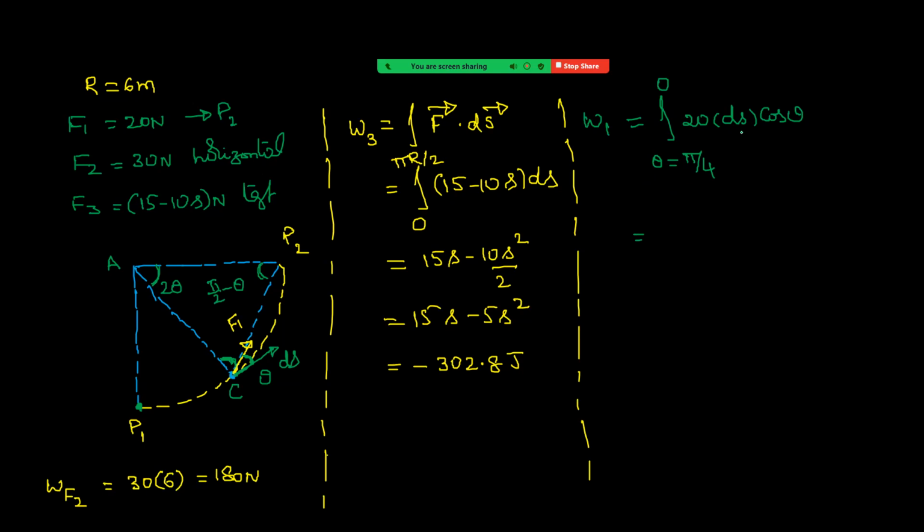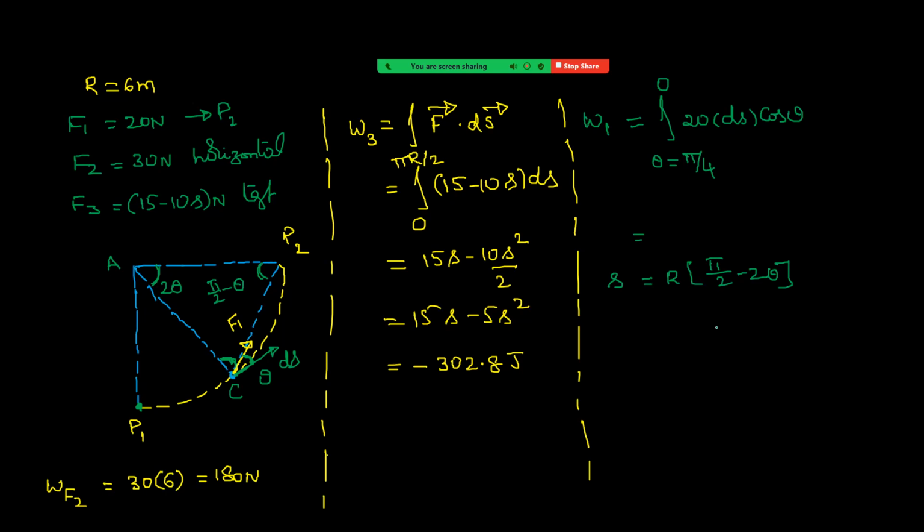Now to get the value of ds, see what we can do. From P1 to C, the arc length, that is the distance traveled, is S equal to R into theta. The total value is 90, so the remaining is 90 minus 2 theta.